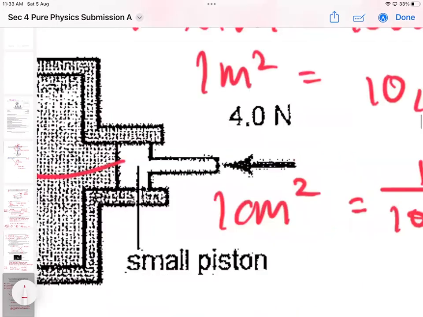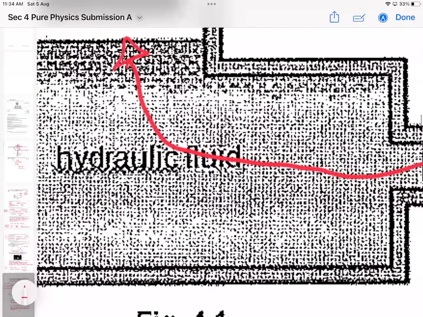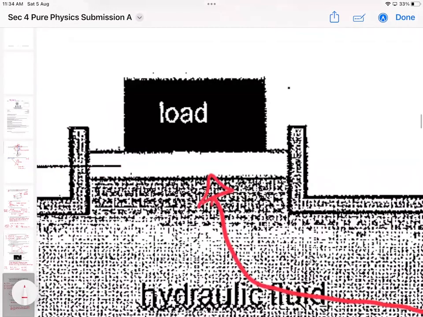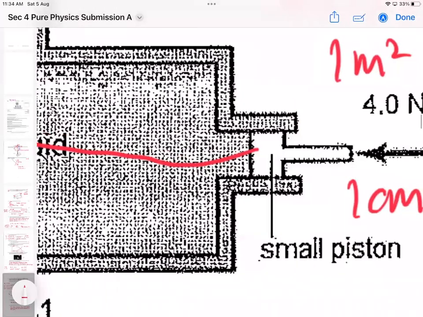You agree we need energy to push the piston here, right? You will exert some sort of force, then that's energy to push it in. So eventually we say if we use air over here, the pressure is not transmitted over. So this thing doesn't move, or even if it moves, it's a lot lesser than expected. So if that's the case, there must be some sort of energy loss somewhere.